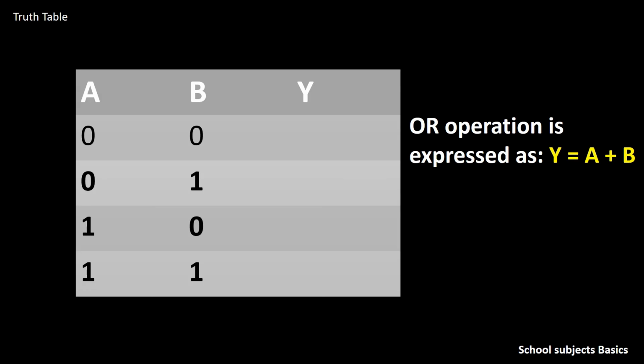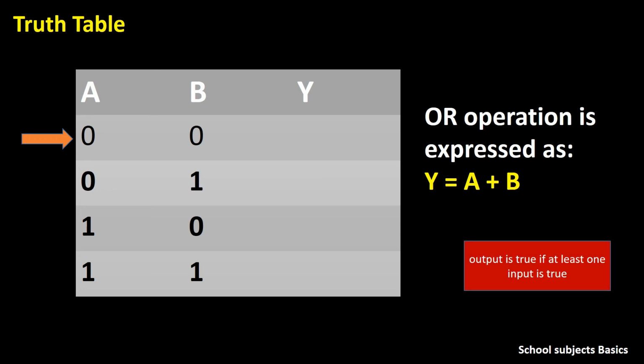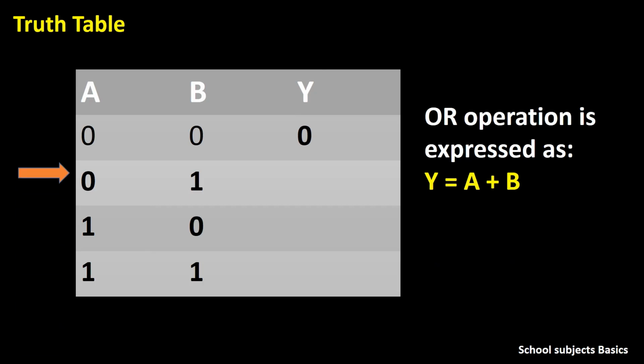First we see the combination 0 0. We know that for the OR operator y equals a plus b, the result will be true if only one input or both inputs are true. In a simple way, at least one input should be true. Here both are false and thus the answer is 0.